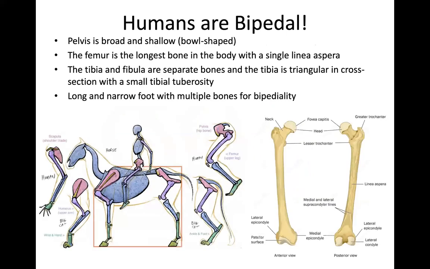We're bipedal. Our major method of locomotion is that we walk on two legs. Most other mammals are quadrupeds. Some people might argue, oh, well, chimpanzee, they get up on two legs. Yes, they do, but their major mode of motion is not on their legs permanently, whereas ours is.